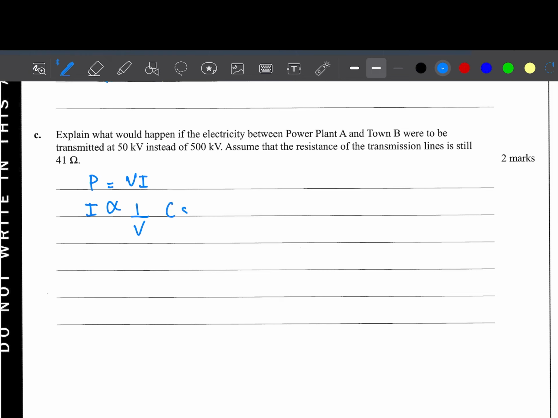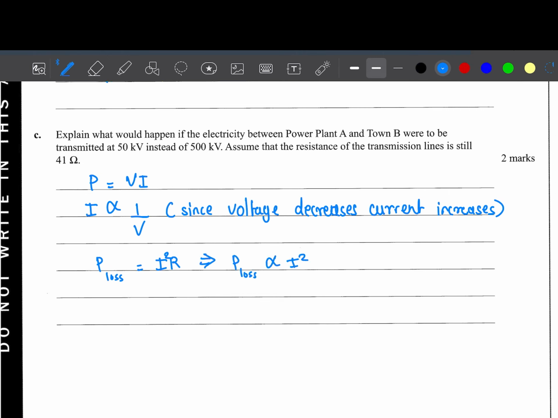And from this we can say, since voltage decreases, current increases. And now we can use the power loss formula. So power loss is equal to I squared R. So that implies that P loss is proportional to I squared.